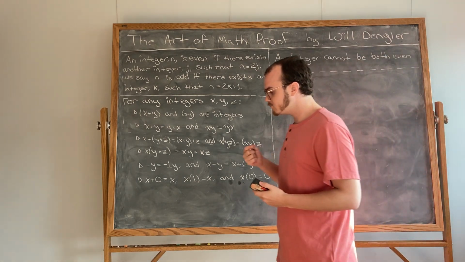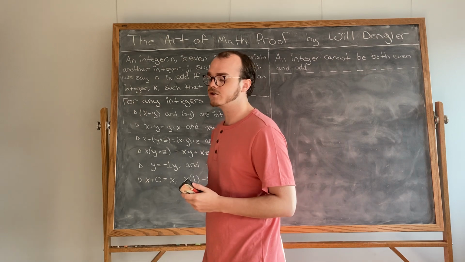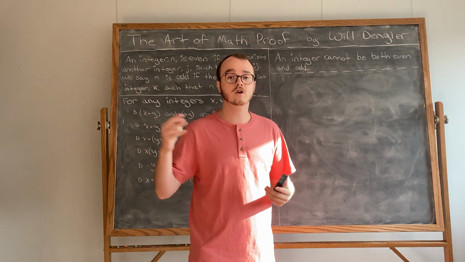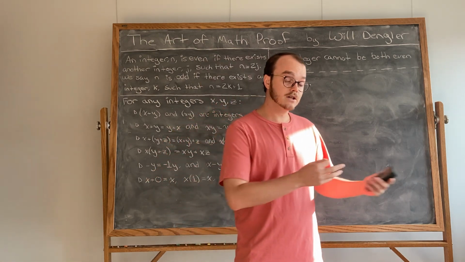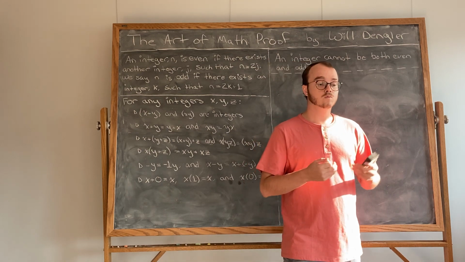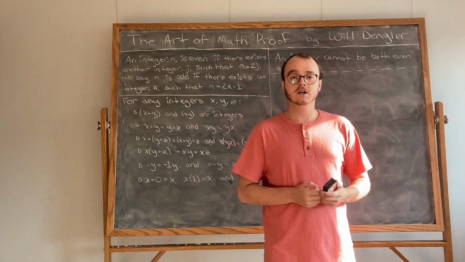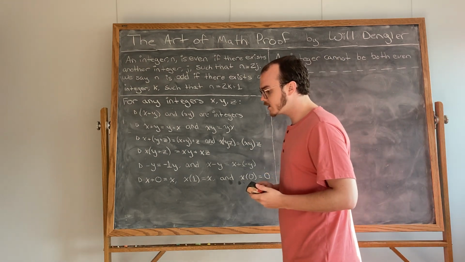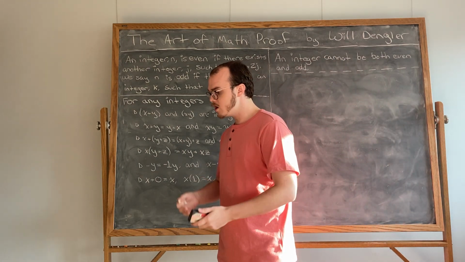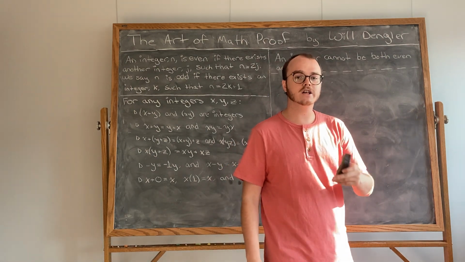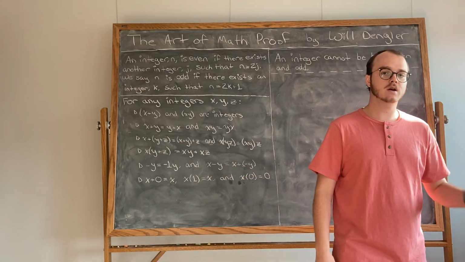Well, what if we assume we had this even and odd integer and then simply use our definitions of evenness and oddness and our properties of algebra, as we did in our previous proofs, to explore what else we know must be true? And what if in those explorations we ended up stumbling upon something that we know cannot possibly be true, but would have to be true because we made our assumption?